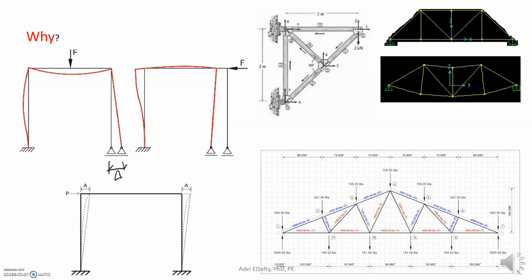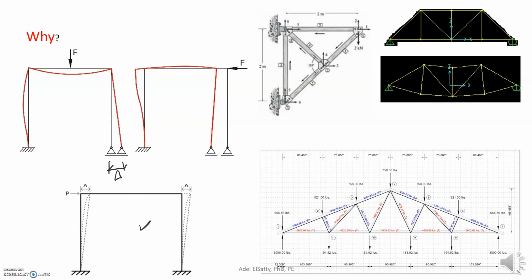This is something that we're not able to find easily using the conventional structure analysis. You can, but it's very hard. But using this direct stiffness method, we'll be able to find the deformation. You will be able to find the moment and the shear and everything in this element, in this frame. This is one type of structure, which is a frame. You will be able to analyze it.